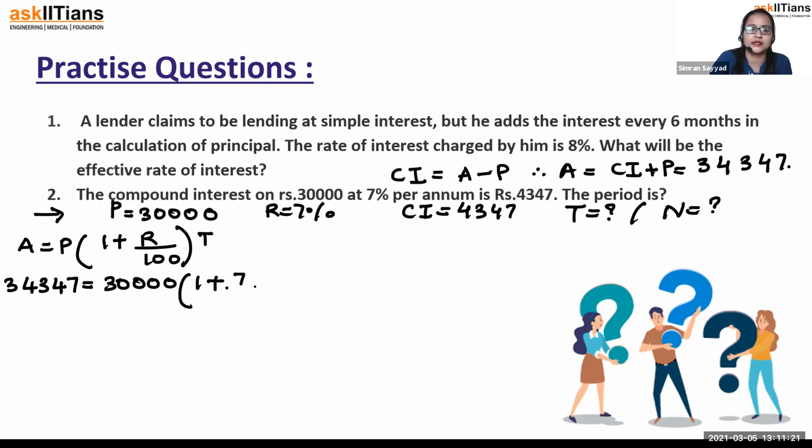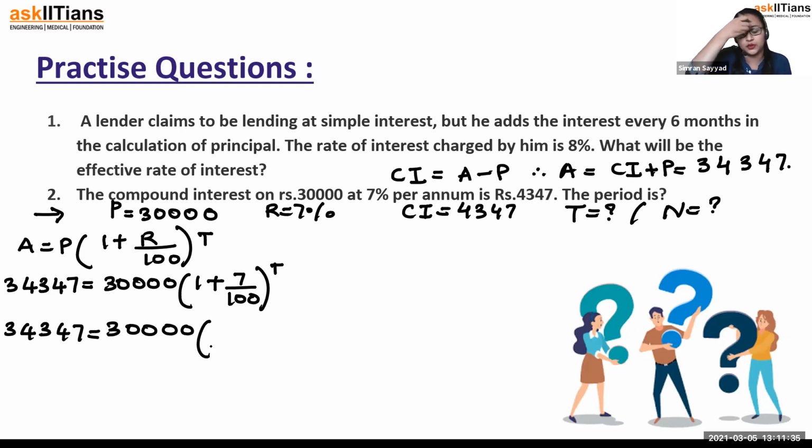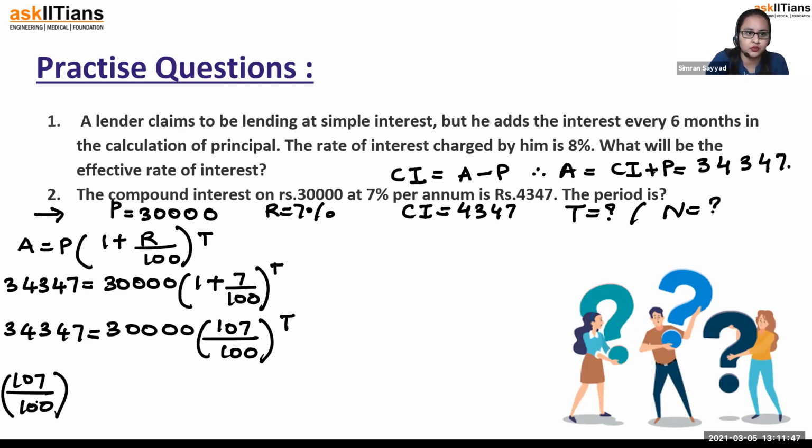So 34347 is equal to principal 30,000 into 1 plus rate 7 by 100 raised to T. If I take the LCM, it becomes 107 by 100 raised to T. Then 107 by 100 raised to T is nothing but 34347 by 30,000.